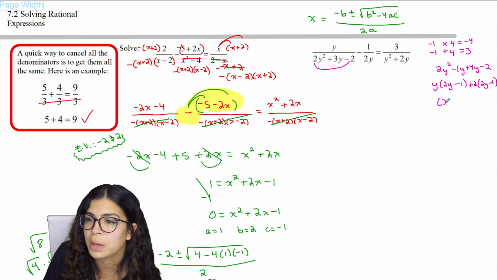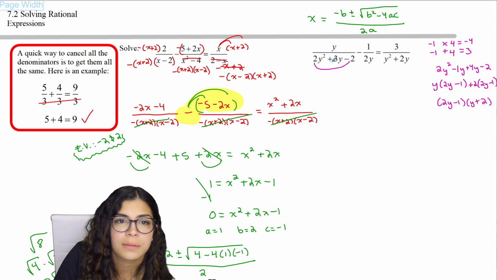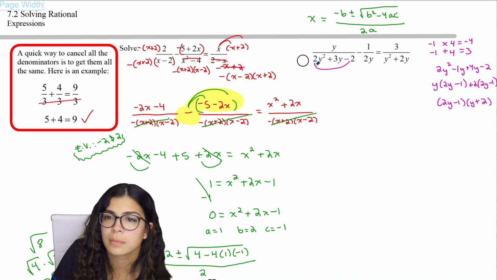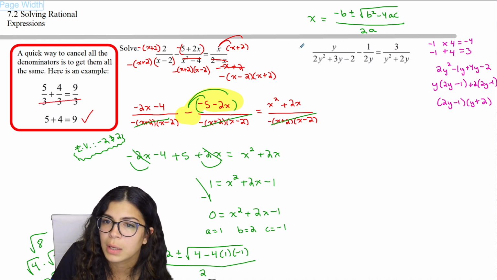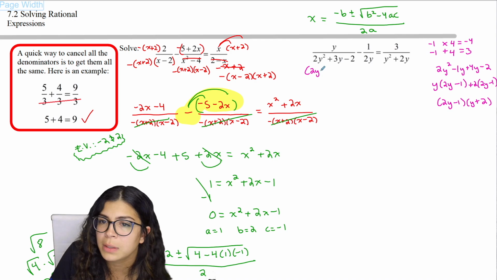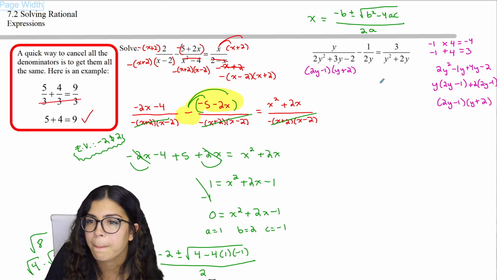And then we could factor out 2y minus 1, and we get y plus 2. So this factors into 2y minus 1 times y plus 2. Okay. I could factor out this one as well. I could factor out a y from both of these, which gives us y plus 2.